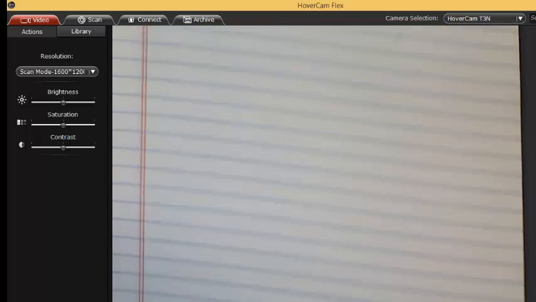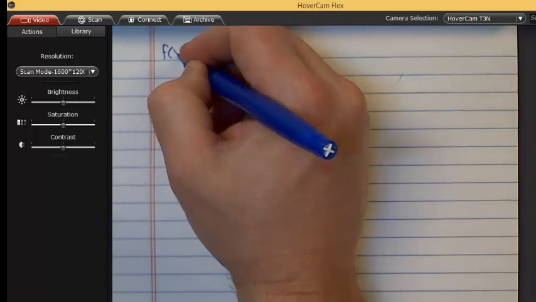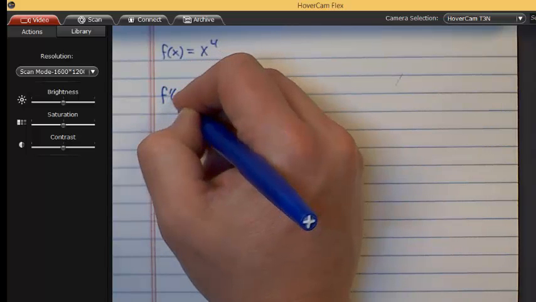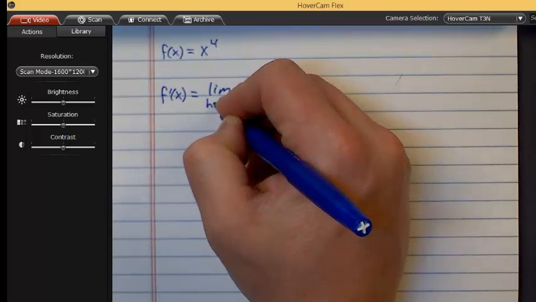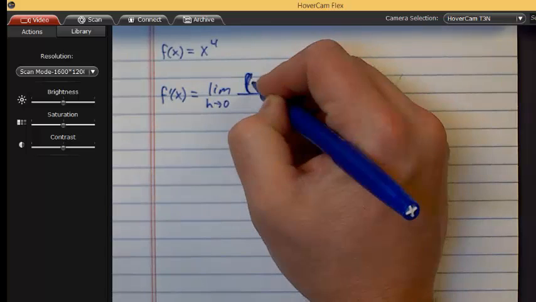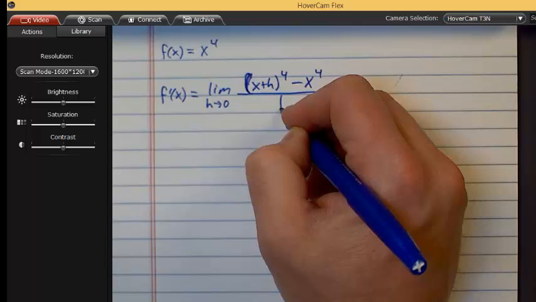Okay, so starting over, we had a function. F of x is x to the fourth. We had to compute the derivative. F prime of x, we said, is the limit as h approaches 0. And you guys have this, right? It's x plus h to the fourth minus x to the fourth over h.